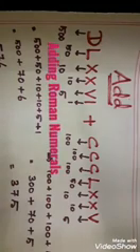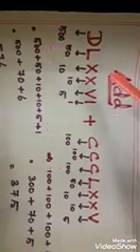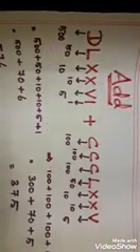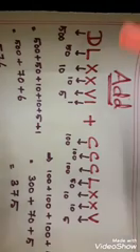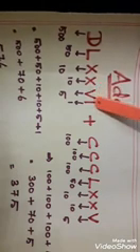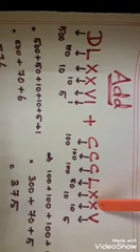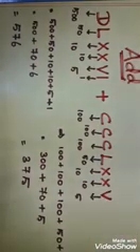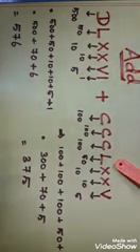Now we are going to see how to add two Roman numerals. Look at this. DLXXVI plus CCCLXXV. The first step is to write the given Roman numerals into Hindu-Arabic numerals.